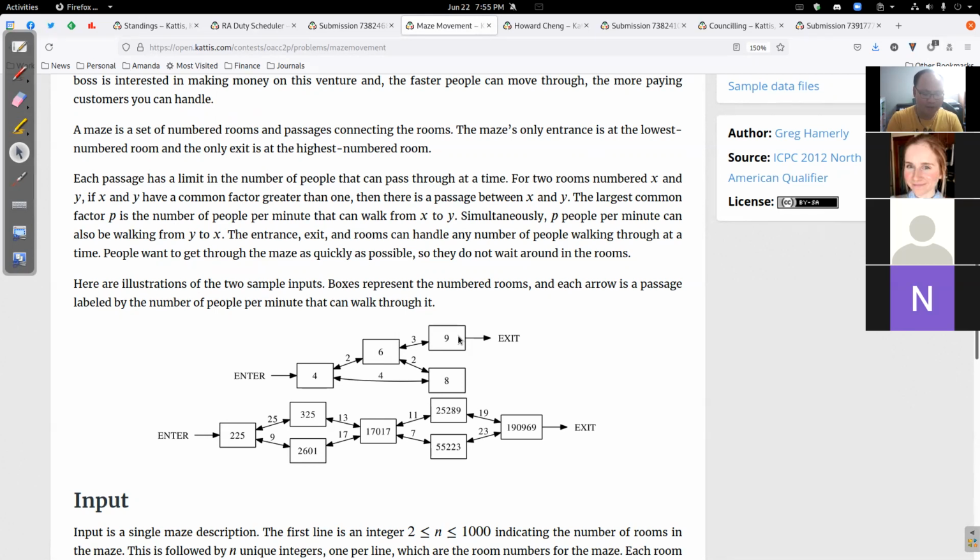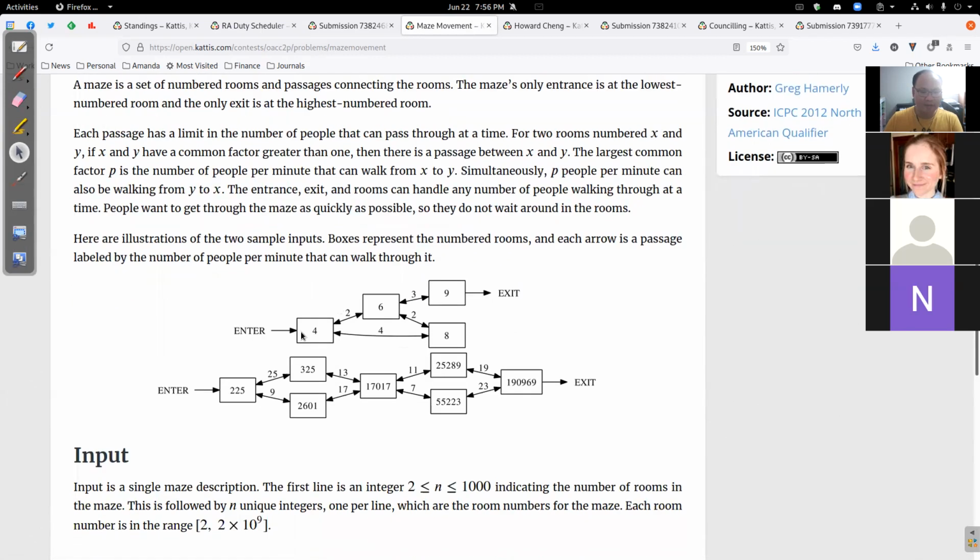Okay. So what's going on here? This is a bidirectional link, but I told you that this is a directed graph. So what you have to do is actually just draw a link in both directions. And then basically, once they set up this capacity, the question is, what is the largest number of people per minute that can go from the source to the sink?